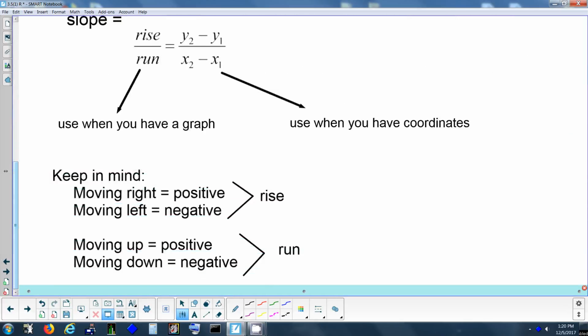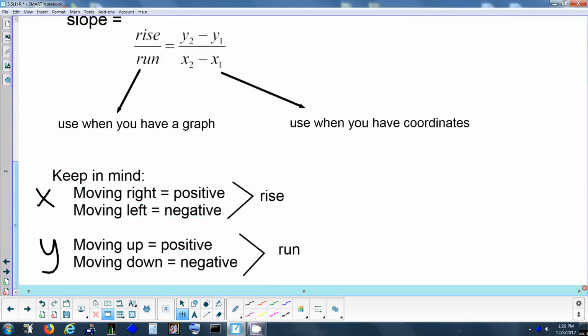Found it. Alright, so it says keep in mind, guys. Remember, we talked about this a little bit yesterday with the intercepts, X and Y intercepts. If we're moving right, that means these are all dealing with the X coordinate.